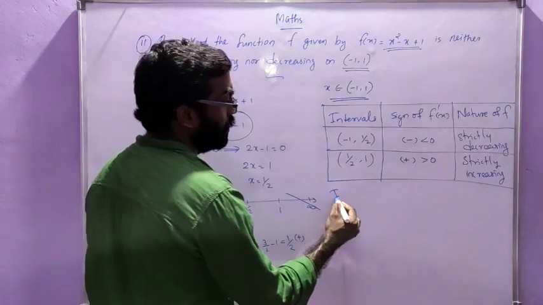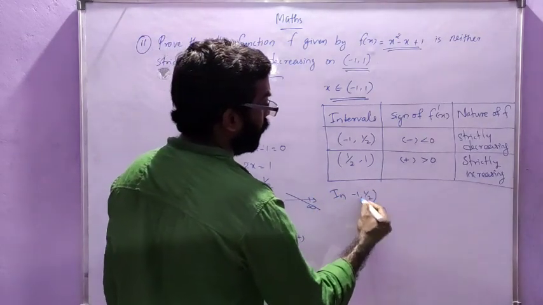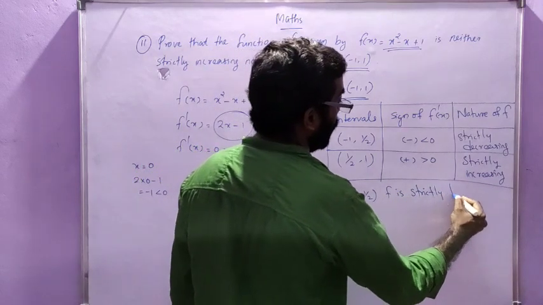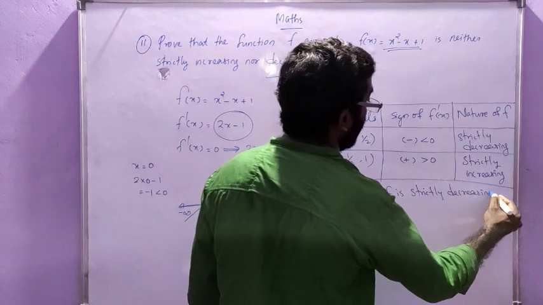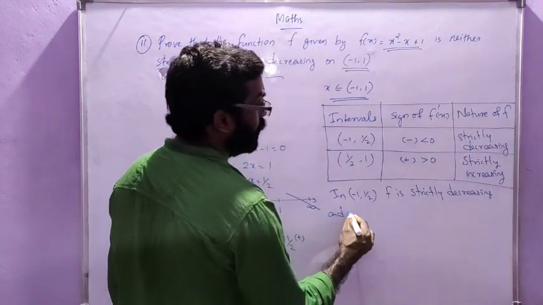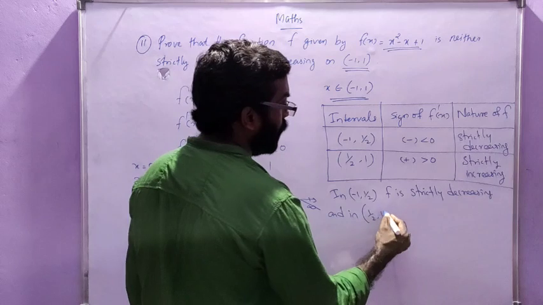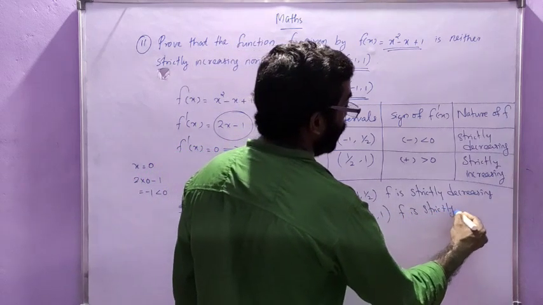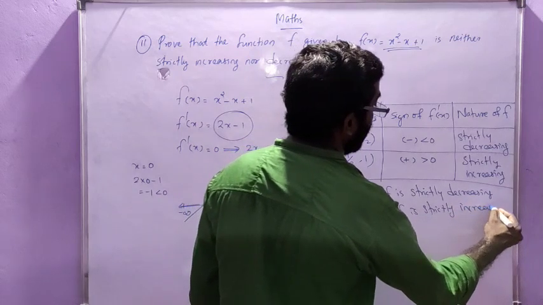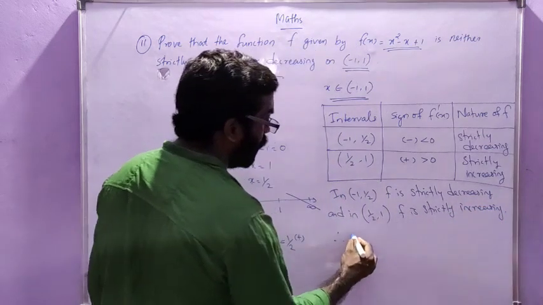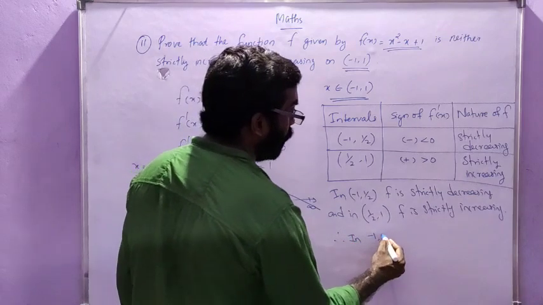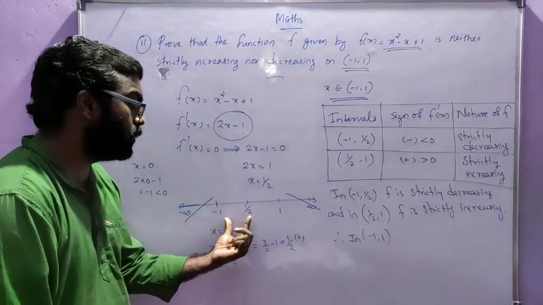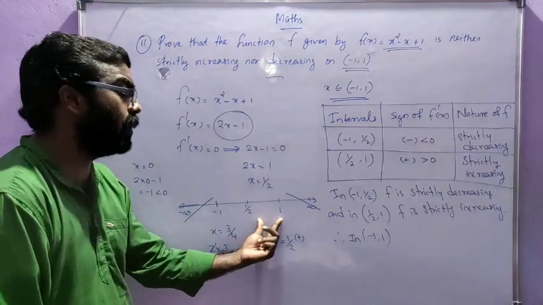Now we got in minus 1 comma 1 by 2 f is strictly decreasing and in open interval 1 by 2 comma 1 f is strictly increasing. Therefore in minus 1 comma 1, that means the entire interval, here we split minus 1 comma 1 into two intervals, minus 1 to 1 by 2 and 1 by 2 to 1.